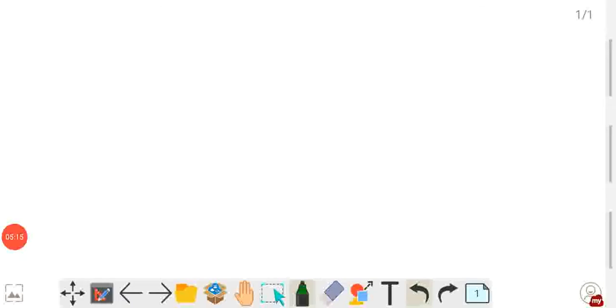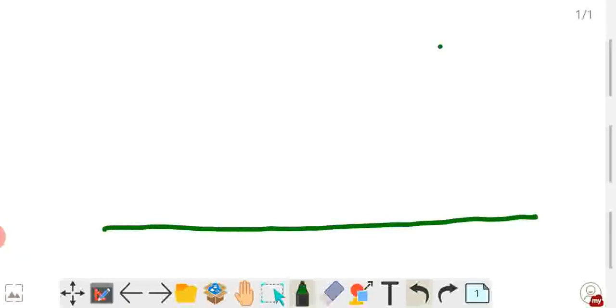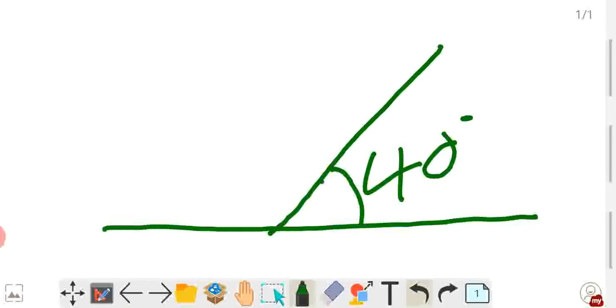Now dear students, I am going to draw another linear pair. The straight line, this other line, and suppose this angle is 40 degrees, then what could be the value of this angle? How do we calculate?